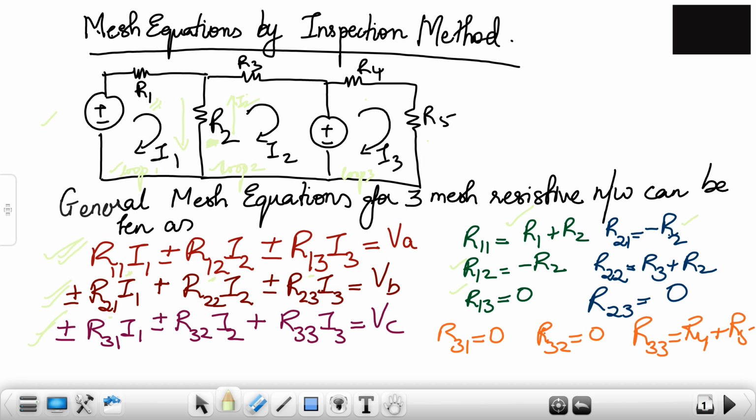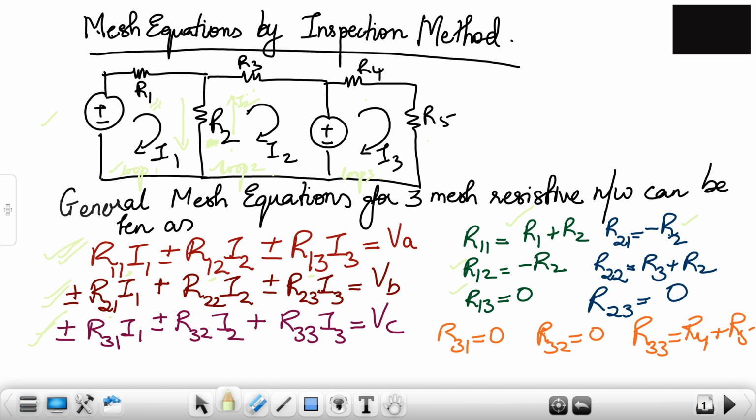R22 is the sum of all the resistances with respect to loop 2. So it is R2 plus R3. R23 is the resistance which is common between loop 2 and loop 3. Since there is no resistance common between loop 2 and loop 3, it is equal to 0.